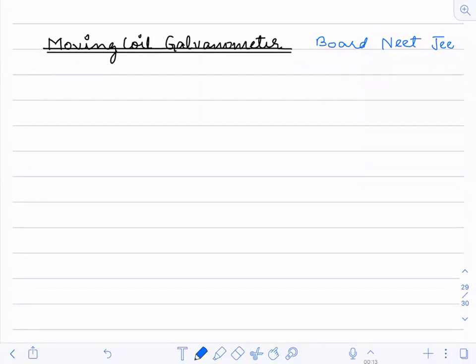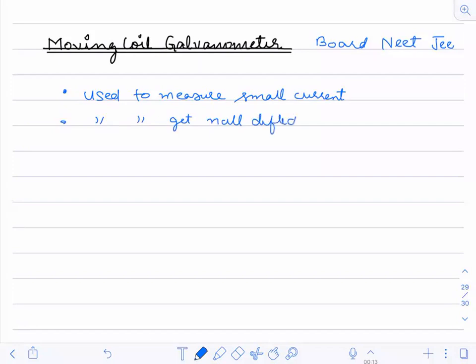So what I can say is that it is used to measure a small current, and it is used to get the null deflection.